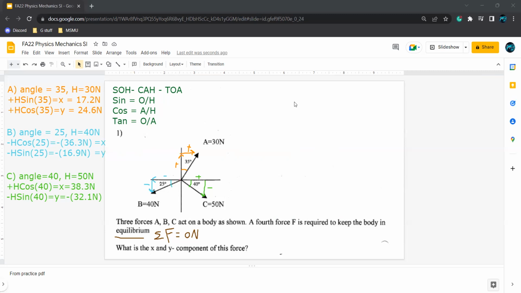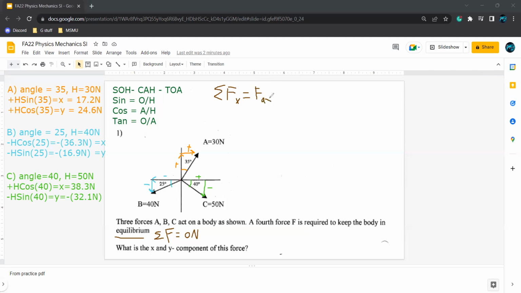So let me see if I can actually do this all in text. Sorry, the sum. I guess not. Let me try the initial part. We're going to do them x and y separately. Sigma F of x is equal to force A of x. That's what this little notation down here means.